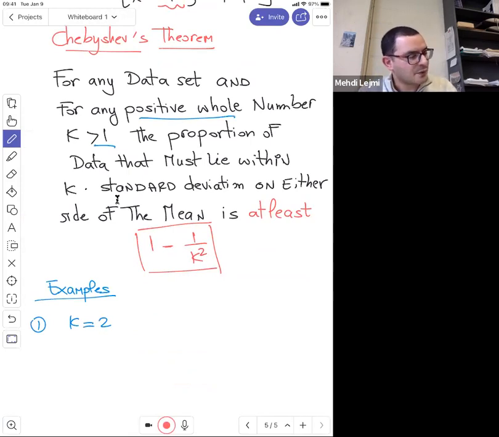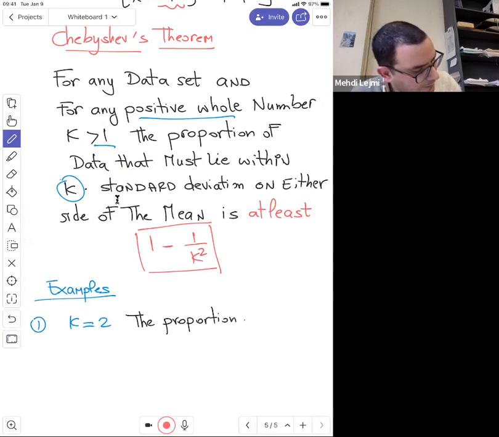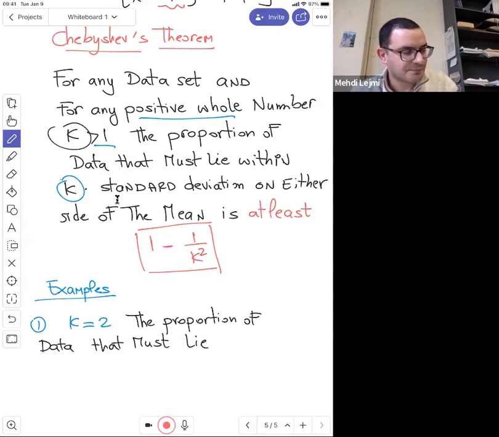So if k is 2, the theorem says the proportion of data that must lie within 2 times the standard deviation on either side of the mean is at least. Again, k is just a positive whole number larger than 1. Here I just picked k equal to 2.